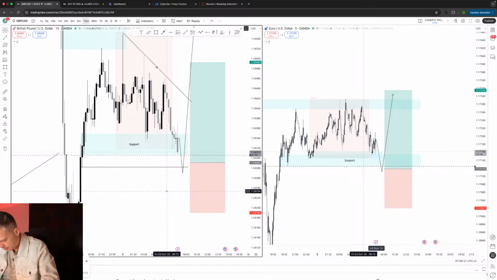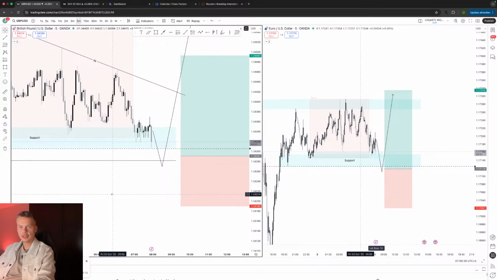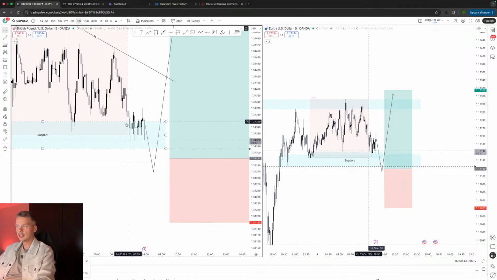I will take my MT5 here. I want to take it here as well. Let's see. Drop it down to the 5 minutes currently. Look at this.